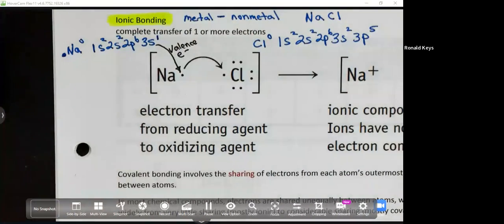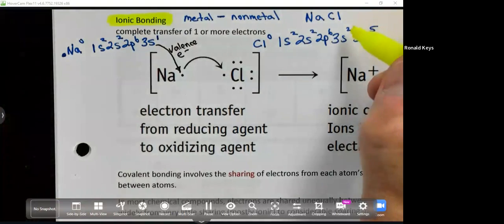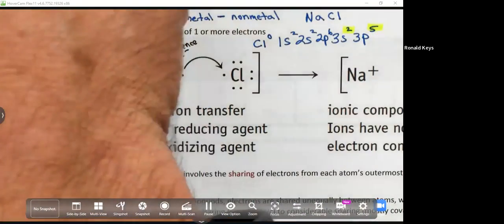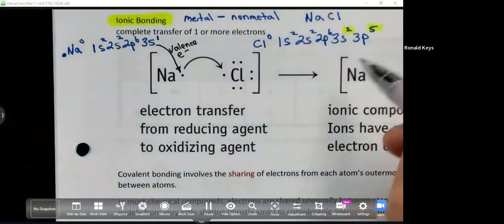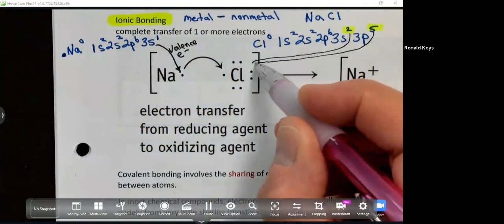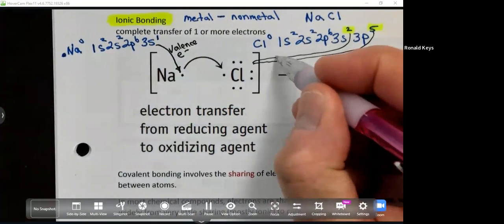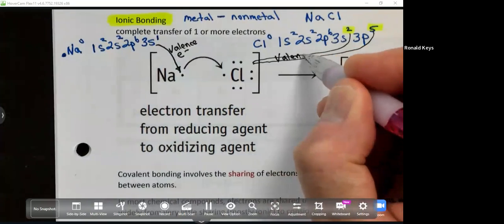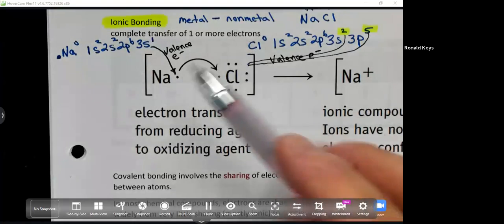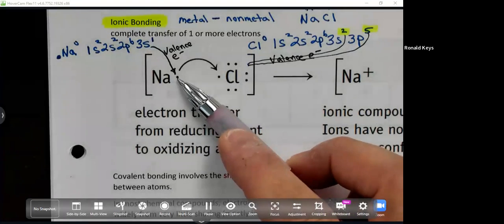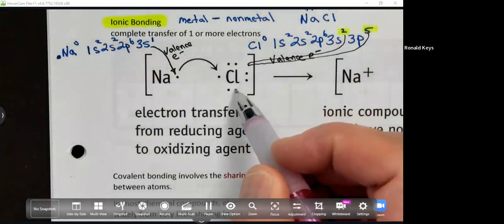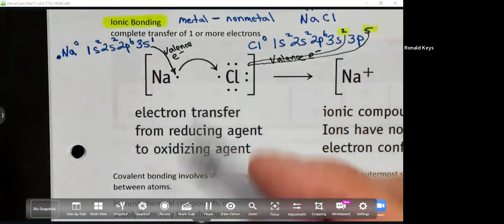How many valence electrons? 7, right? This right here actually shows our valence electrons. So we represent these as dots. Here's my one valence electron for sodium. Here is my 7 valence electrons for chlorine.